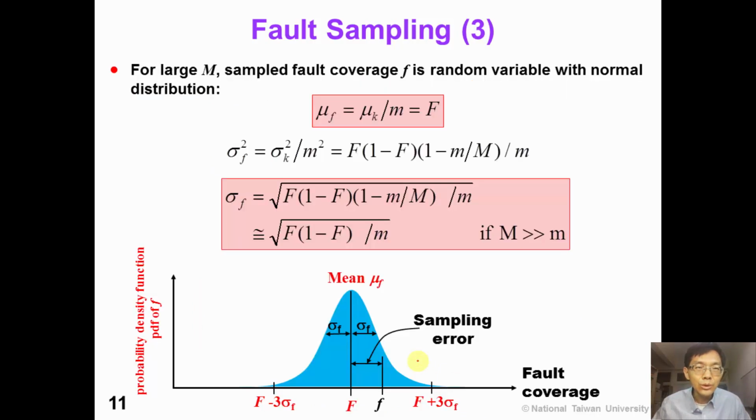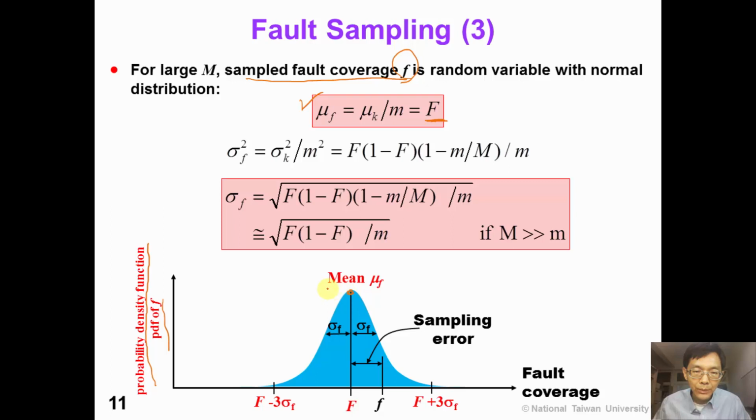So the conclusion is that for large M, the sample fault coverage small f is a random variable with normal distribution where the mean is actually big F. From this figure, we show the probability density function, PDF, of the sample fault coverage.